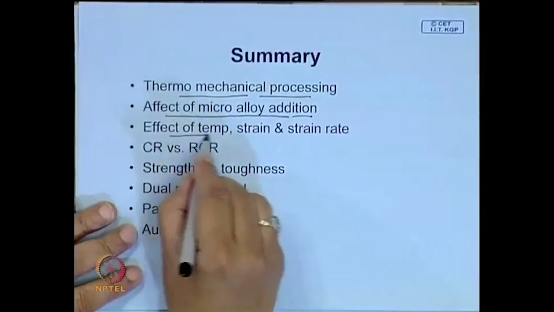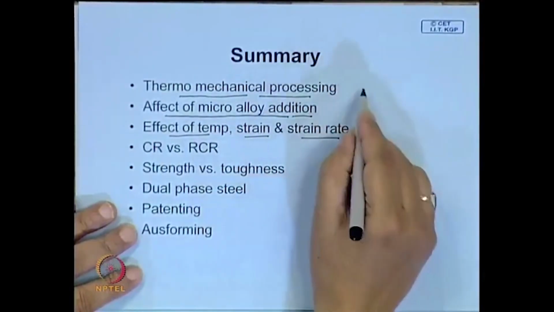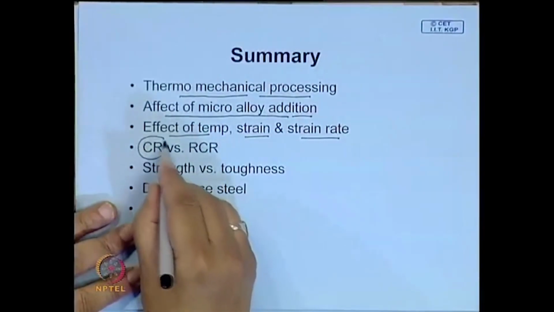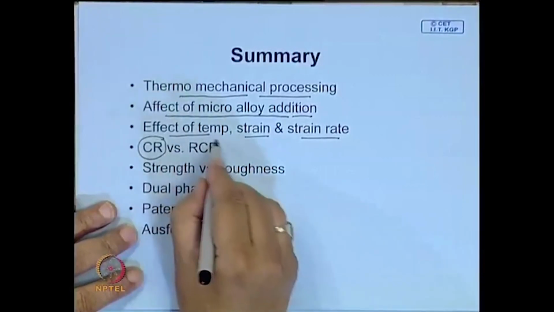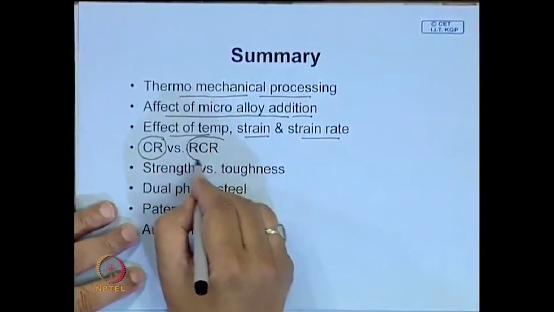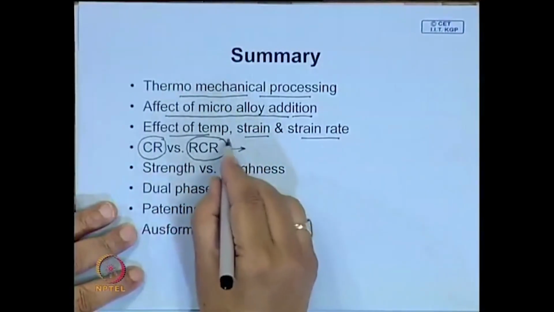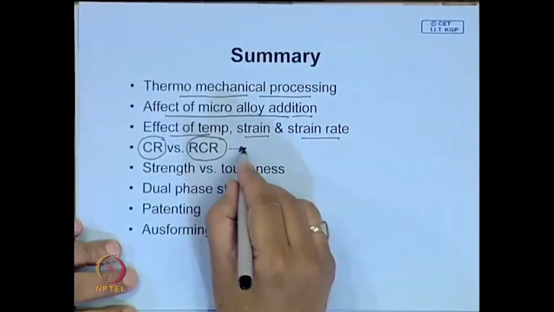We looked at the effect of temperature, strain and strain rate on that austenite grain size. We talked about controlled rolling, that means rolling at a lower temperature, but this has some problems, whereas recrystallization controlled rolling has become more popular, because here rolling is done at a little higher temperature where the steel is still soft.